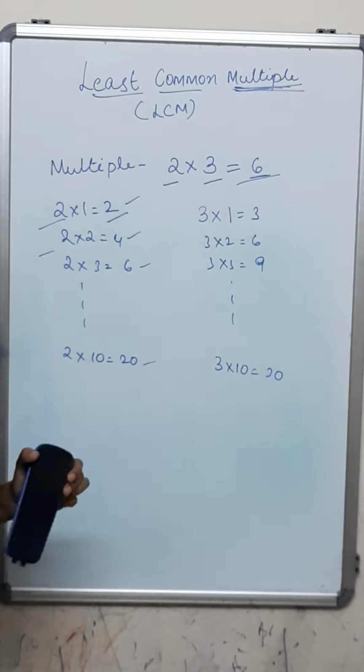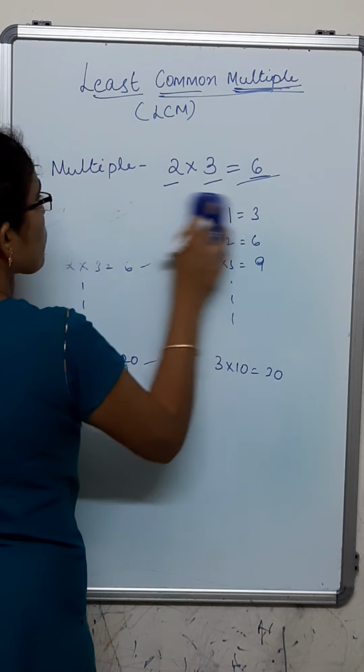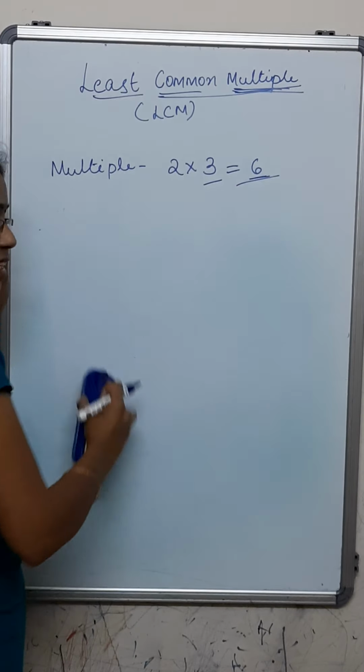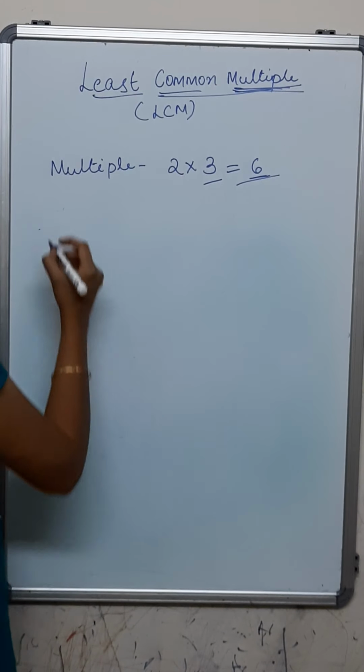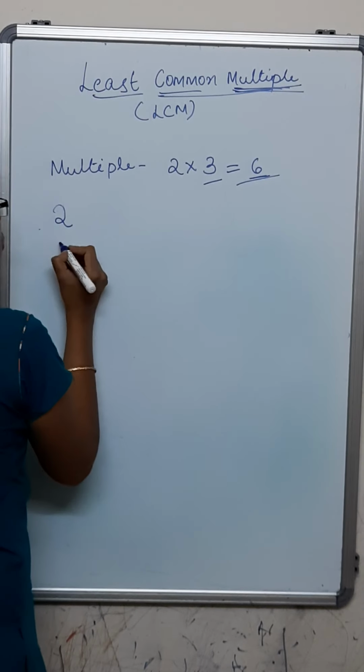So now coming to what is a common multiple? What do you mean by common? A common is something which is present in both the numbers, isn't it? So let us try to find a common multiple of 2 and 3.